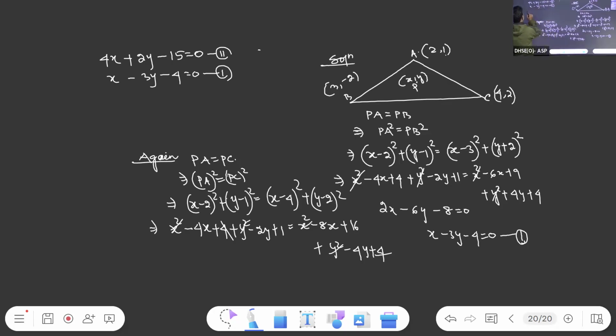X is equal to, apply the cross multiplication formula, b1c2 minus b2c1 upon a1b2 minus a2b1, which is minus 53 upon minus 14. This is equal to 53 upon 14.